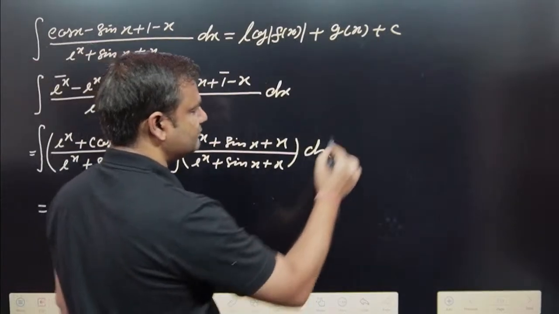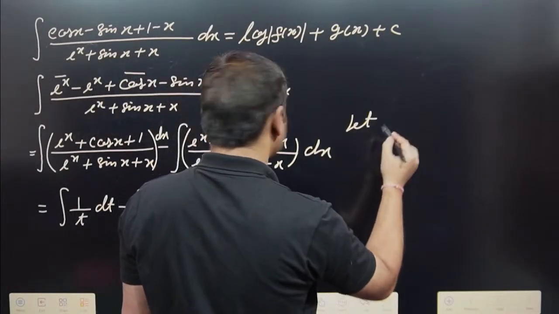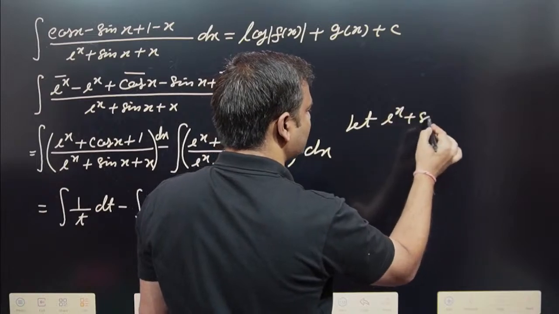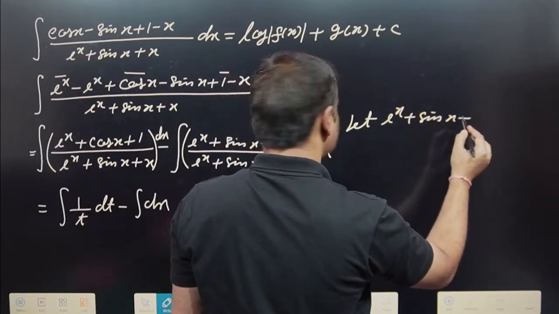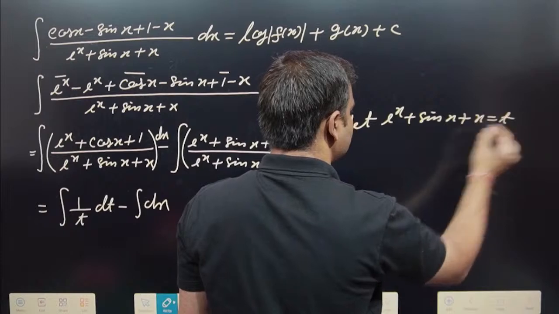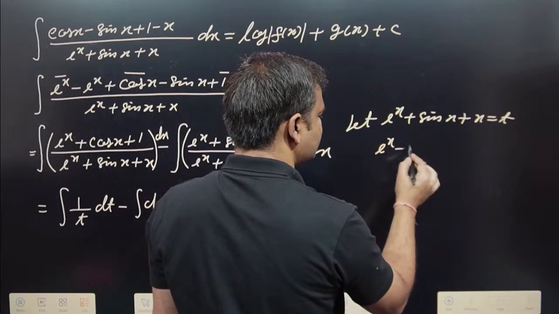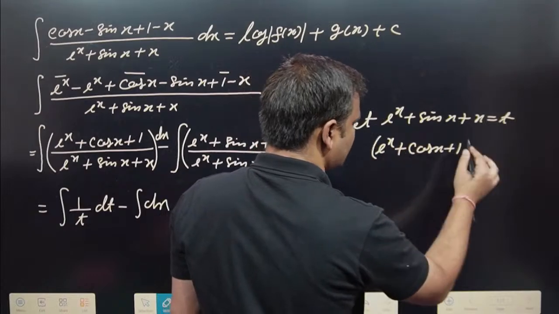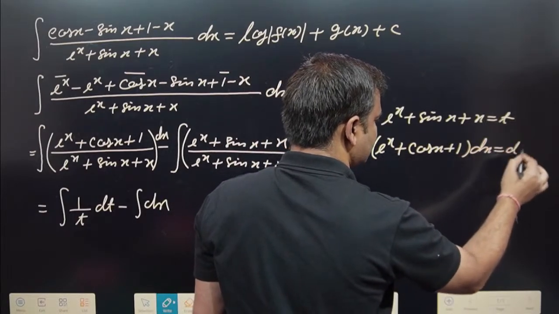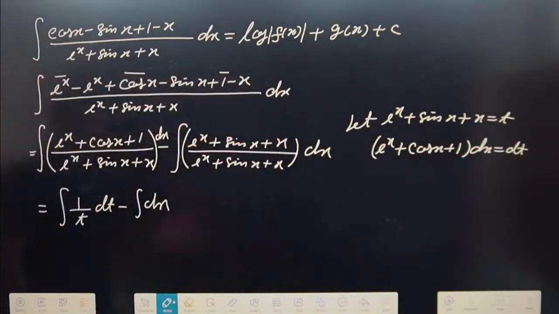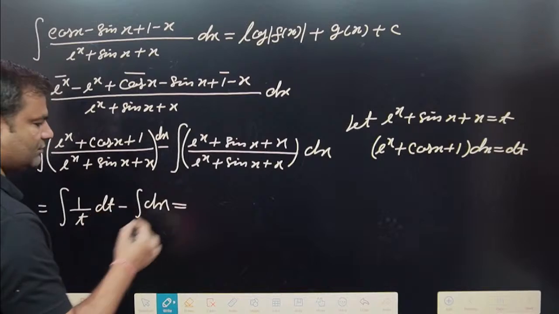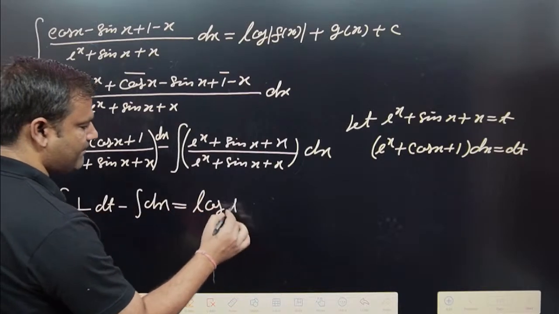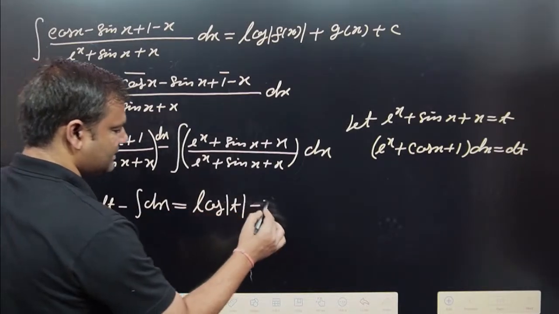Basically here, let e to power x plus sin x plus x be equal to t. If we differentiate, then we get e to power x plus cos x plus 1 into dx equals dt. I hope it is clear. Now what about that value? Simply log t, and that one x plus c.